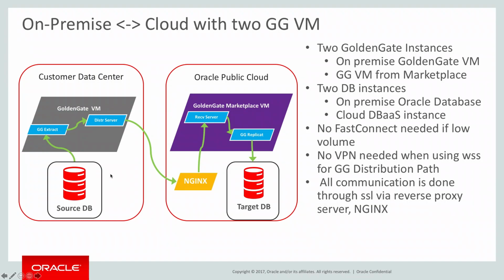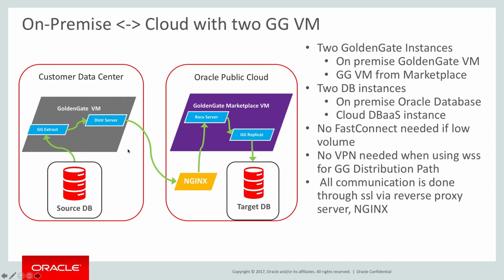And because I only have 20-30 minutes, I want to focus on how you can import the certificate that Nginx is using from the cloud into the wallet on-premise, and also how you can create a user ID and password in your GoldenGate microservice architecture in the cloud, and then use that user ID and password to create this path.